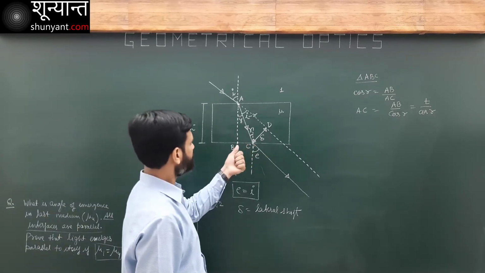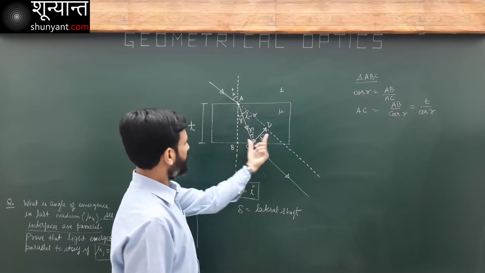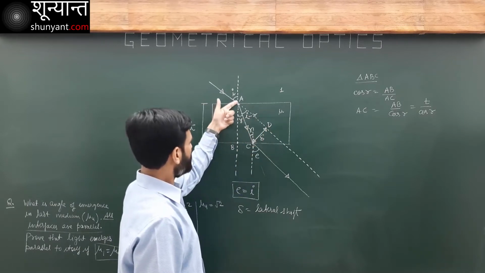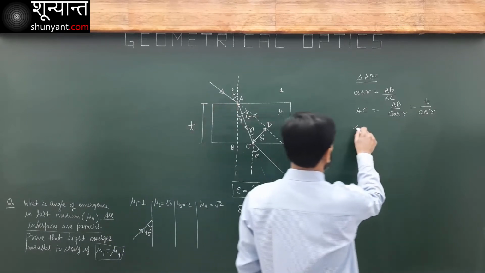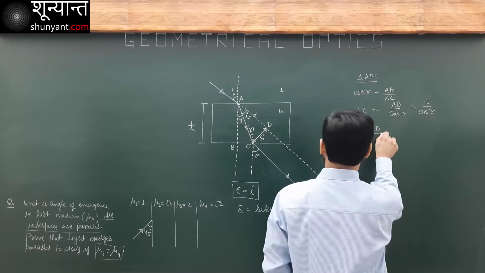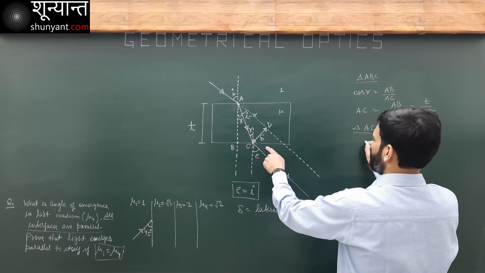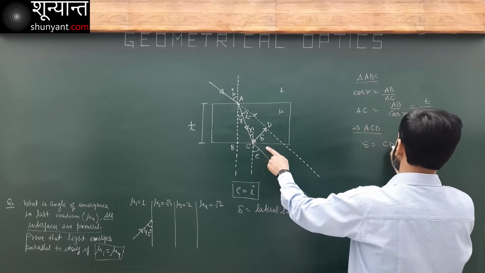Now in the other triangle, I want to find this. So I will look at the other triangle ACD. Delta is equal to CD.